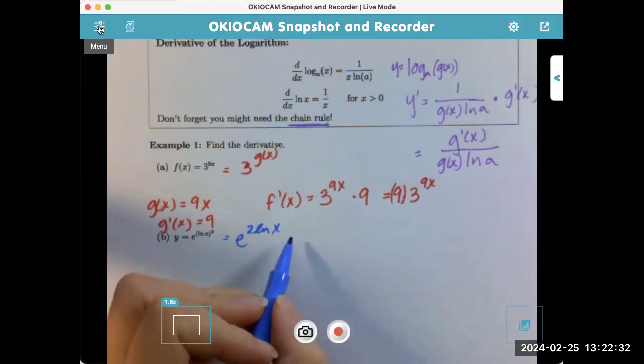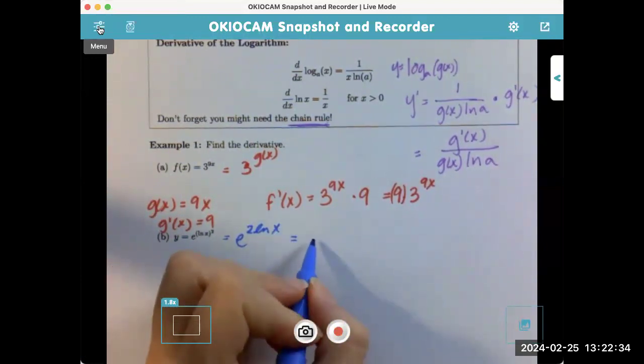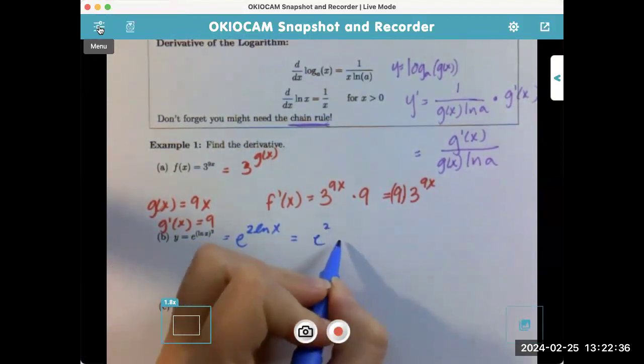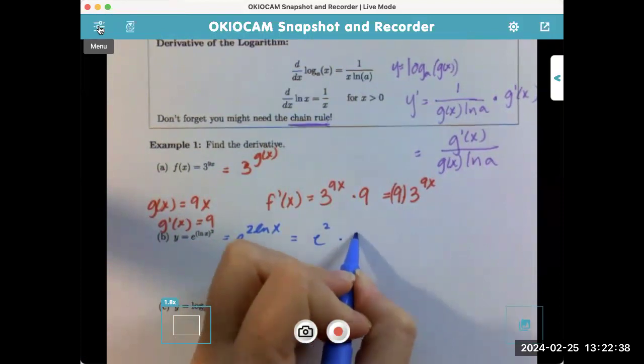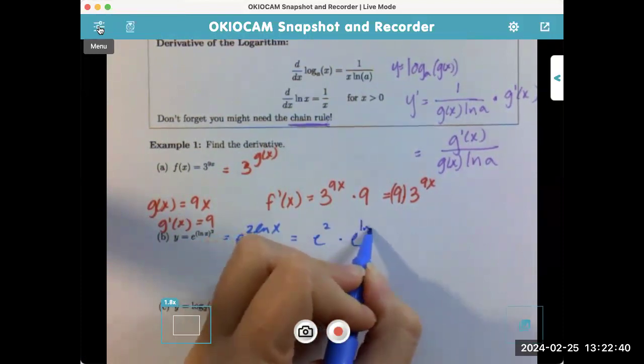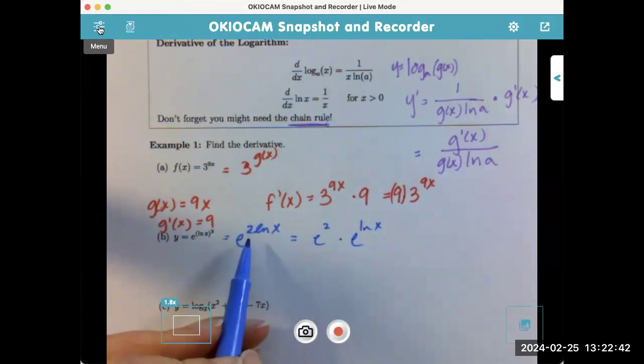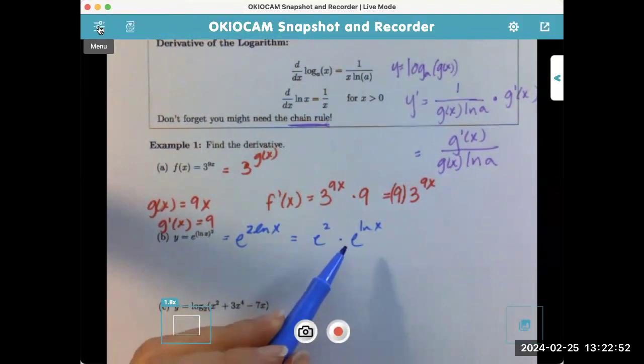Sorry. Okay, so now I can rearrange this to say this is e squared times the natural log of x, right? Because here, that's an exponent to an exponent. We can multiply them.